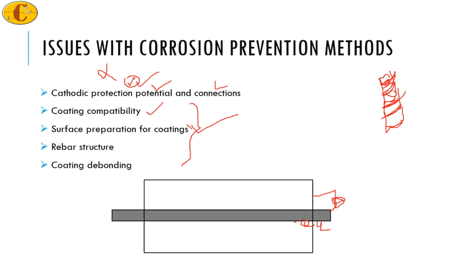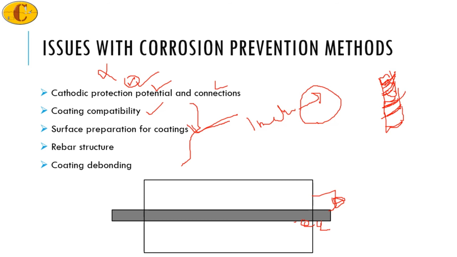So surface preparation is really important. Also, the surface preparation methods may change with the rebar size and shape. If only one method is applied to all of them, then that may not really be correct. That may also be one of the reasons why you may not get the correct surface preparation.